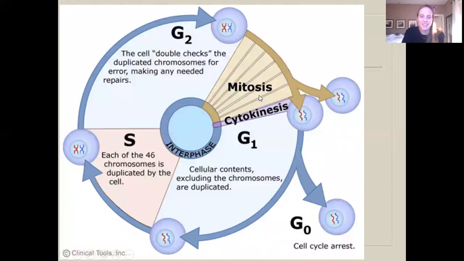So this is what the cell cycle looks like. Again, it starts in this G1 here, where it starts growing. After some growth, some cells are going to go into that G naught and just spend the rest of their life there, but most cells will continue on and get into S phase, where the chromosomes are duplicated.